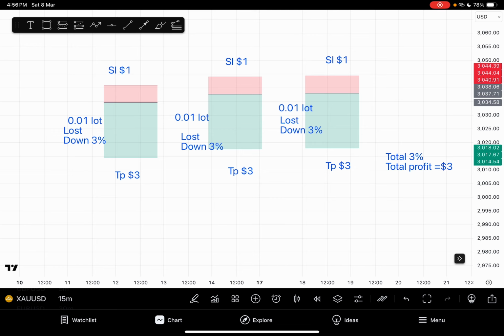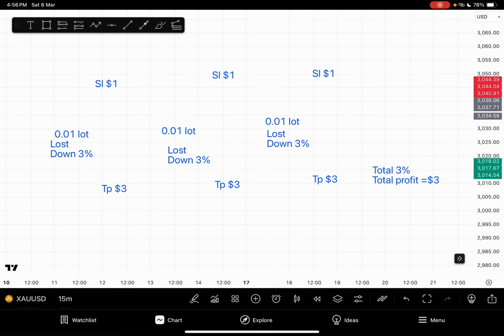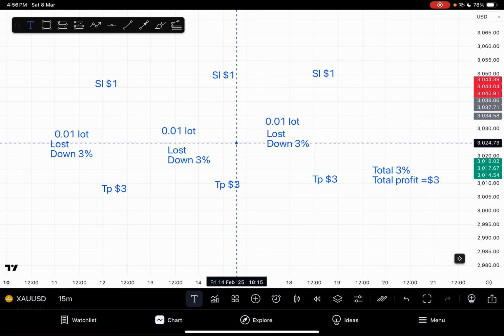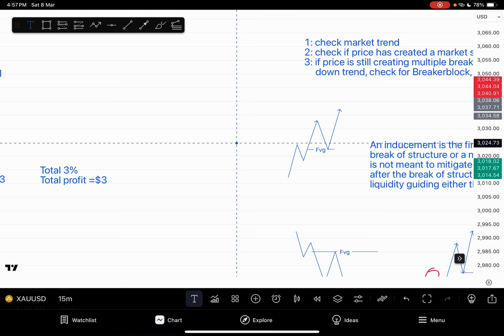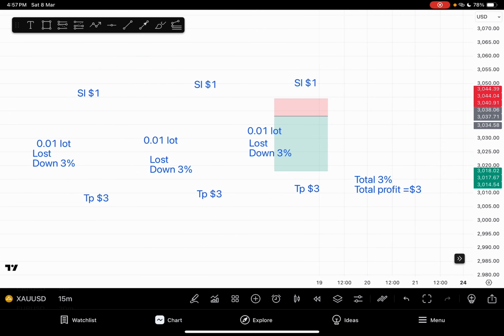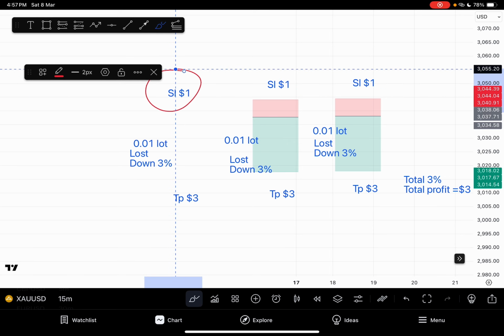Now, since I'm risking 1% to gain 3%, if you should add up all the losses now, you see for this first trade, I'll be down 1%.